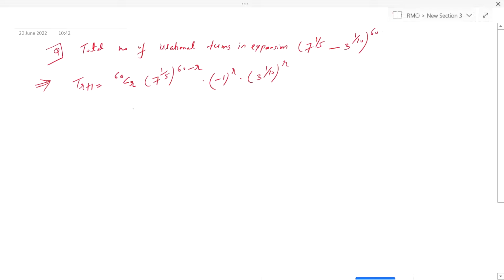These need to be integer values so that there's no irrational term. So first you are finding out the rational terms, correct? And then you will subtract. I'll find the number of rational terms and subtract, because irrational terms will be too many. Okay, carry on. You are going correct. Just carry on.